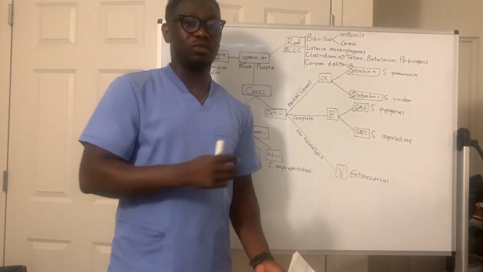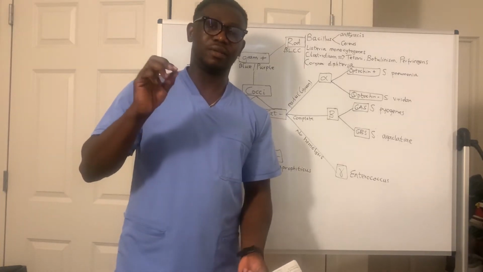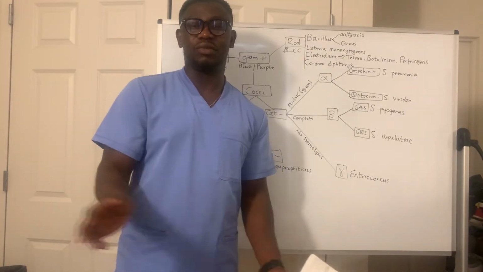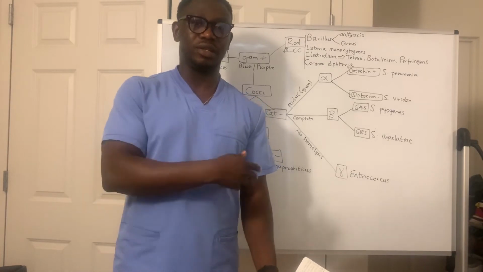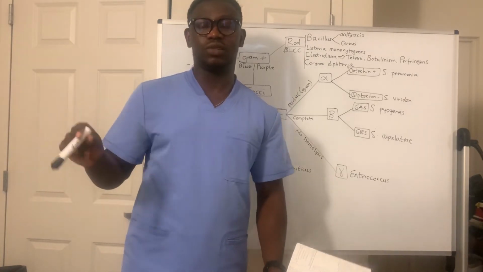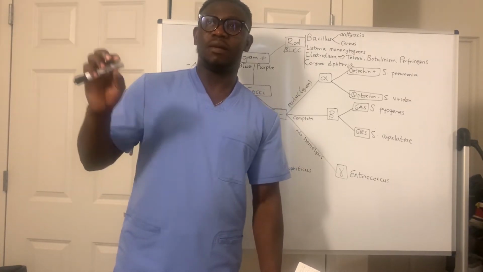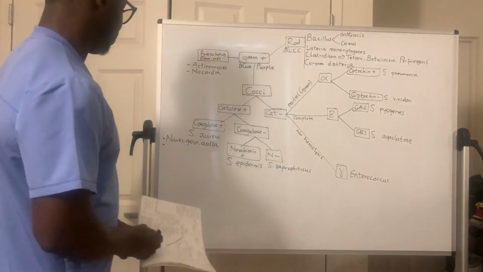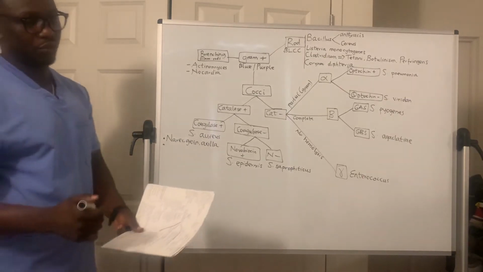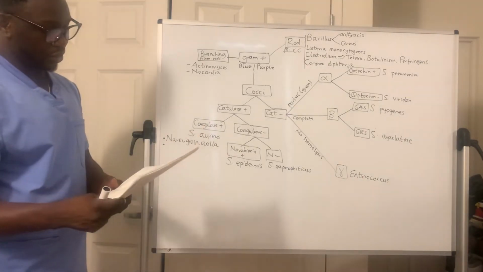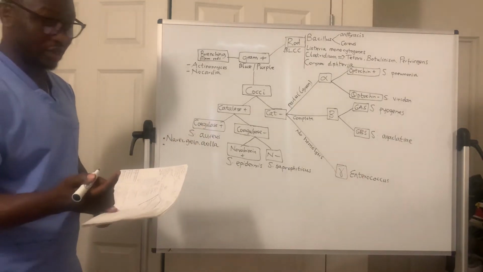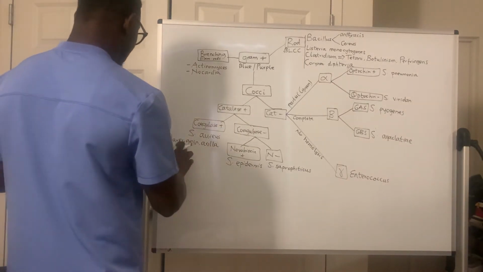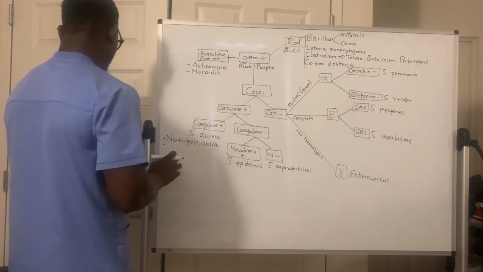For the benefit of this lecture, let's just focus on their mode of transmission, where they affect the body, and some of the symptoms. When someone comes in with Staphylococcus aureus, they attack the nose, the groin, or the axilla.